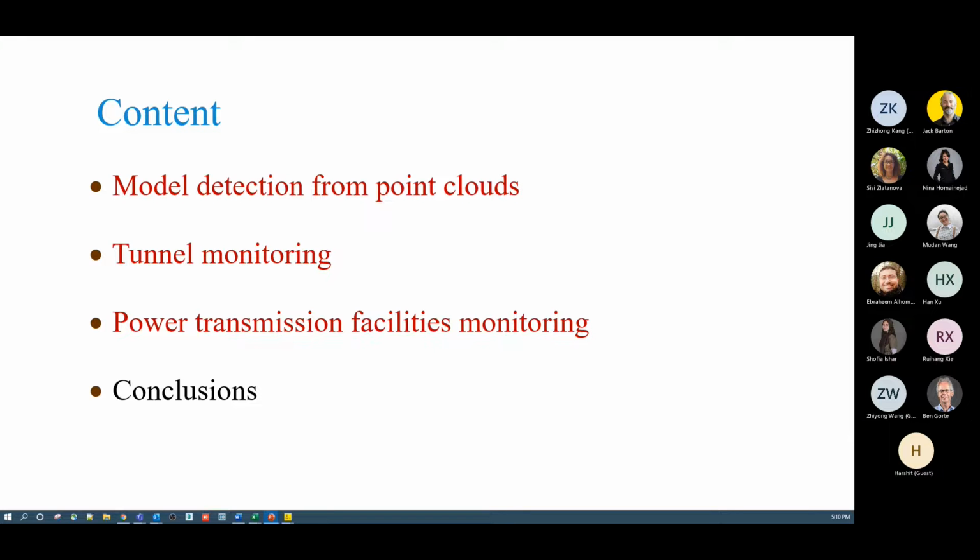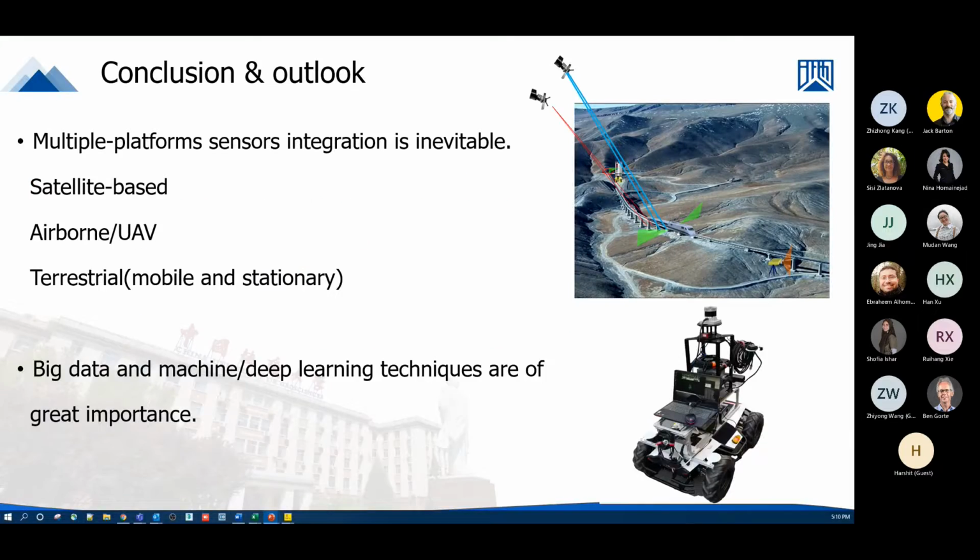Okay, next, the conclusions. For the construction monitoring, a single sensor is not able to do a quite good job. So we need multiple platform sensors integration to do a very good job.